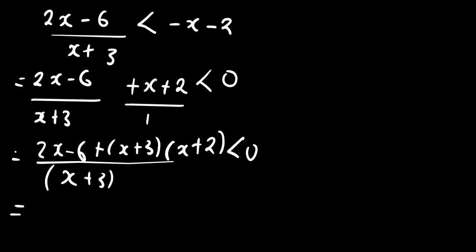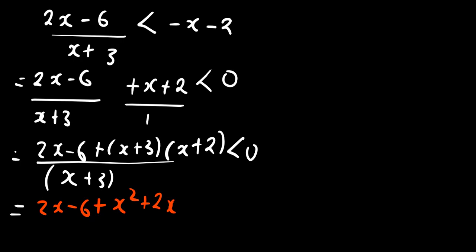When we solve the top part, what are we going to have? The same expression of 2x minus 6 plus, let's solve this one. So x multiplied by everything in the brackets, you're going to have x squared plus x multiplied by the 2 on the other side, plus 2x.